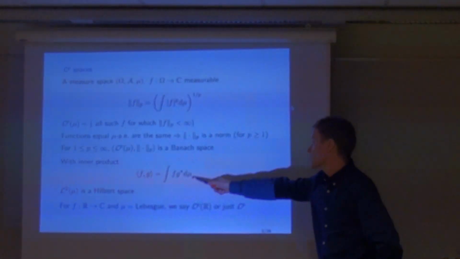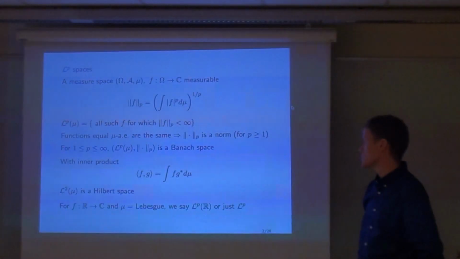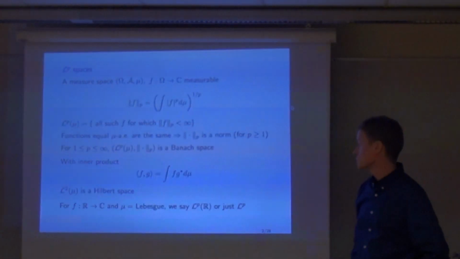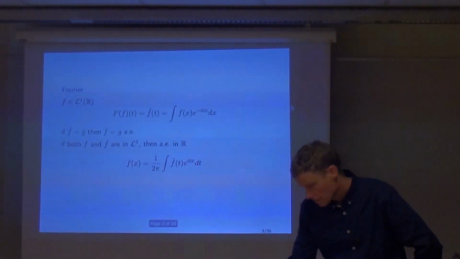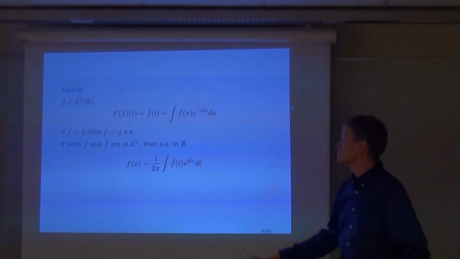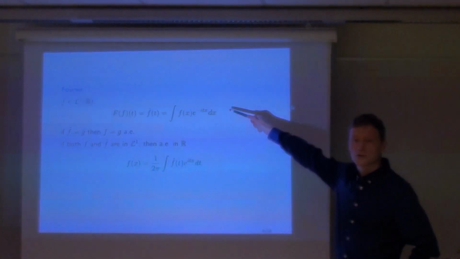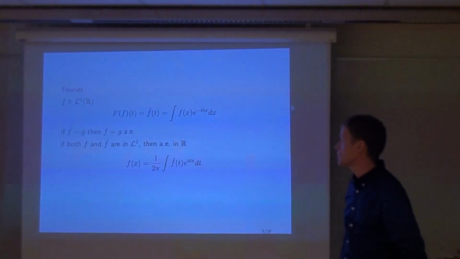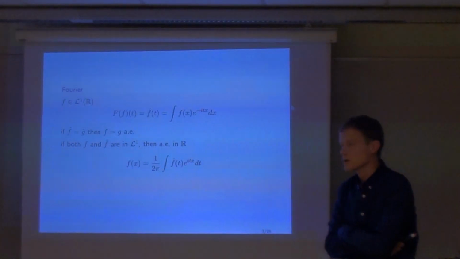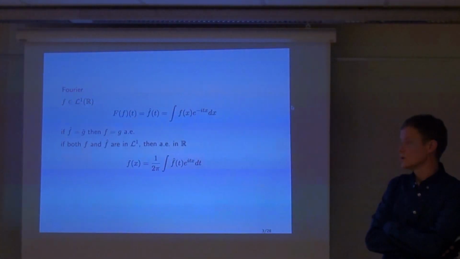Of course here mu can be some general measure, but if nothing else is stated, we assume it's the real line with Lebesgue measure. Fourier transform, you should know, this is to set notation mostly. So for f in L1, this is the Fourier transform, something you know. If two Fourier transforms are exactly the same everywhere, then the corresponding functions are the same Lebesgue almost everywhere.